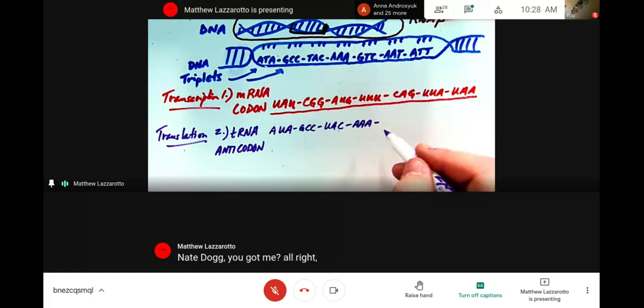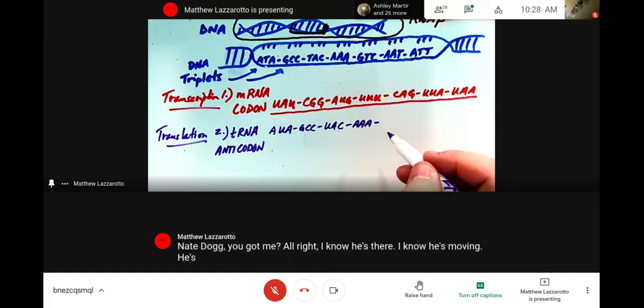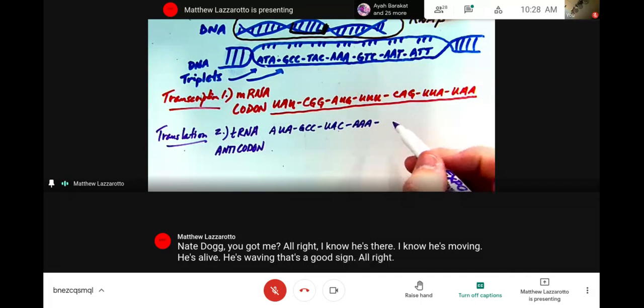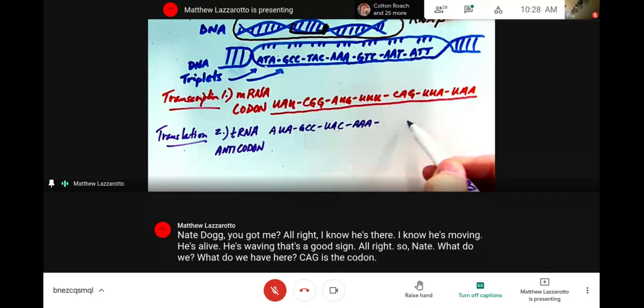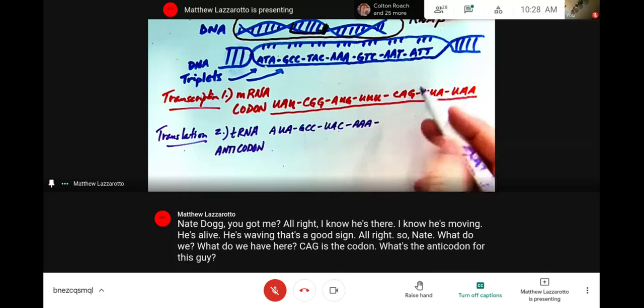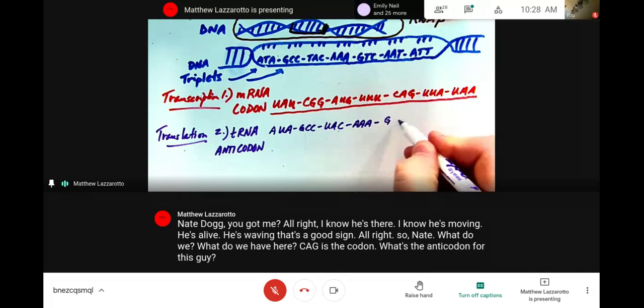All right, I know he's there. I know he's moving. He's alive. He's waving. That's a good sign. All right. So, Nate, CAG is the codon. What's the anticodon for this guy? G, U, C.